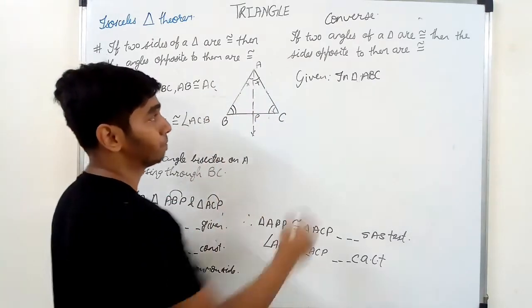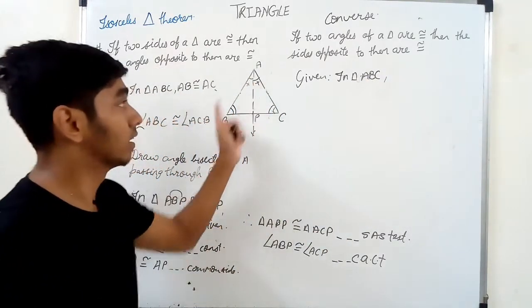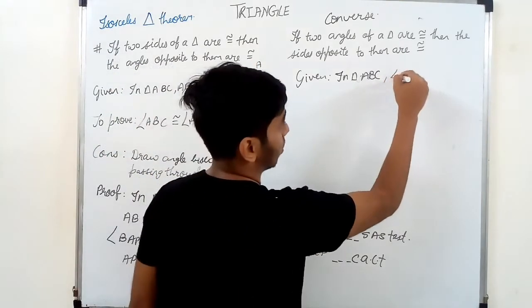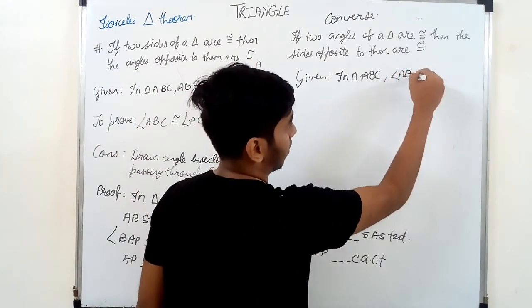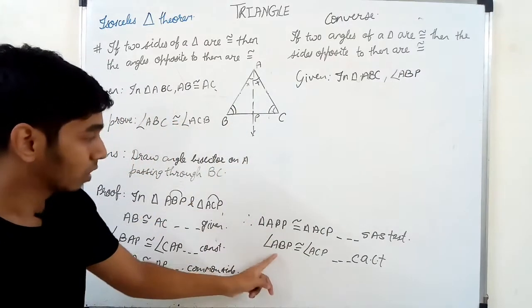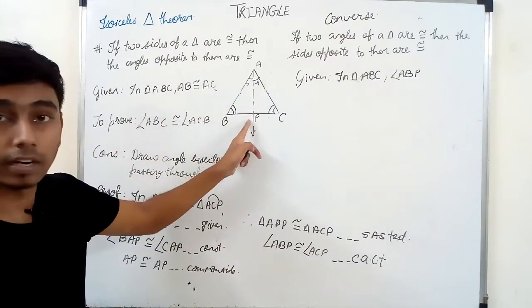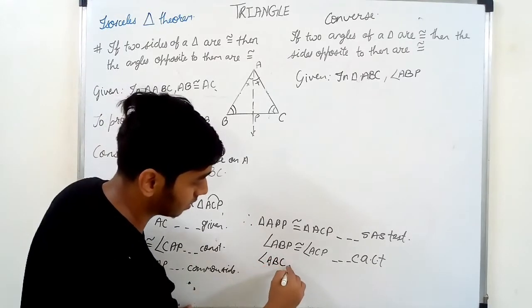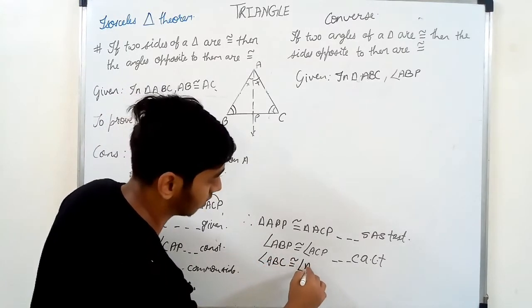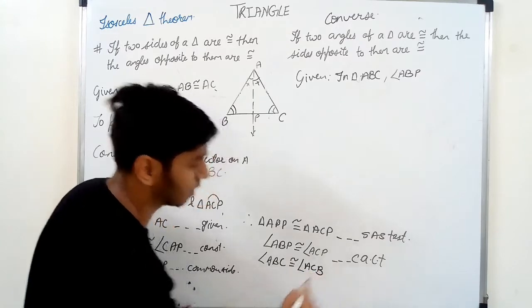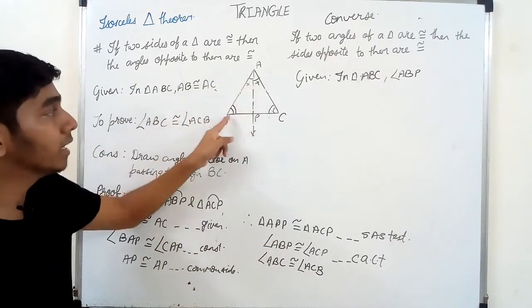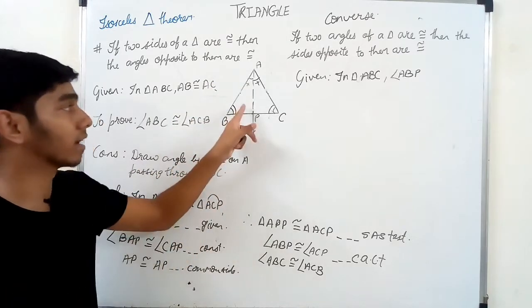Let's see. So in triangle ABC, what is given? Angle ABP, or we can write this as angle ABC is congruent to angle ACB. Why? ABP or ABC, it is the same angle, yeah?